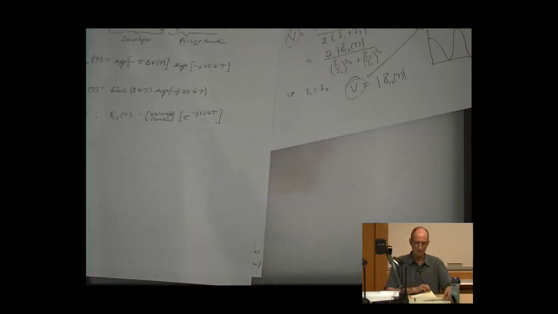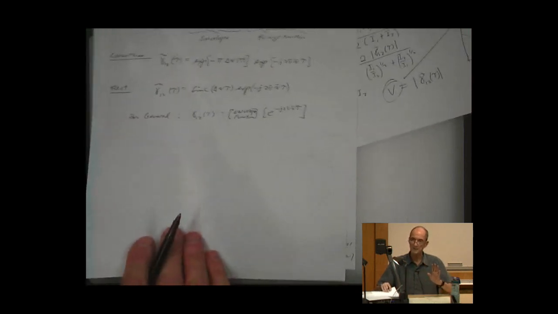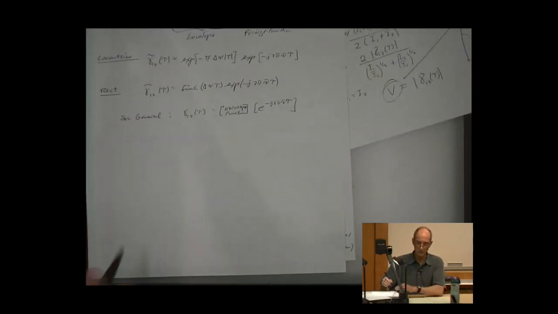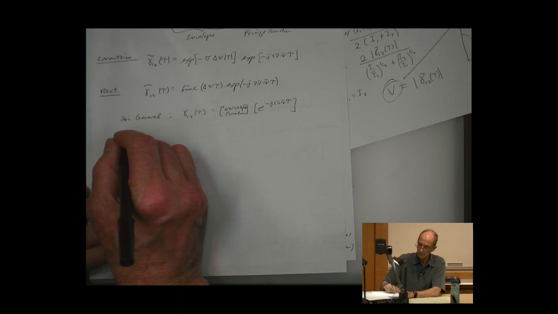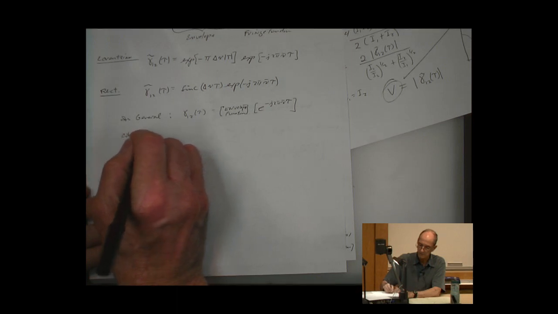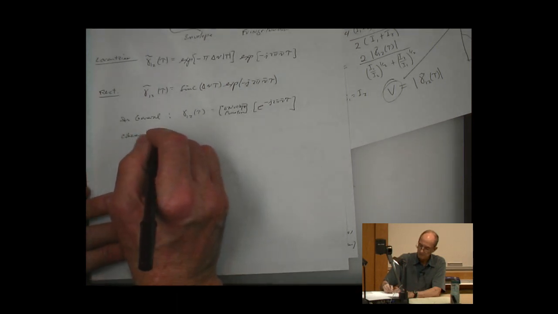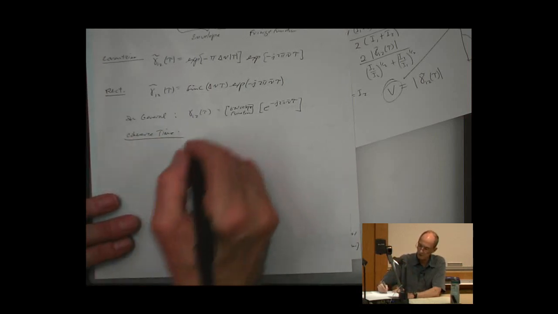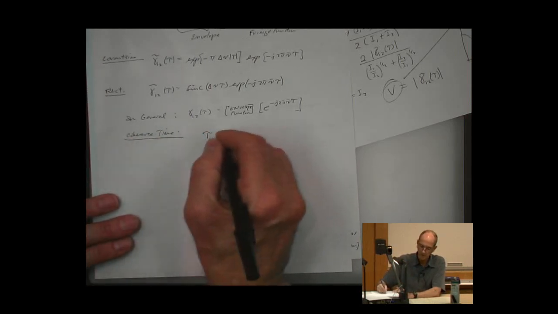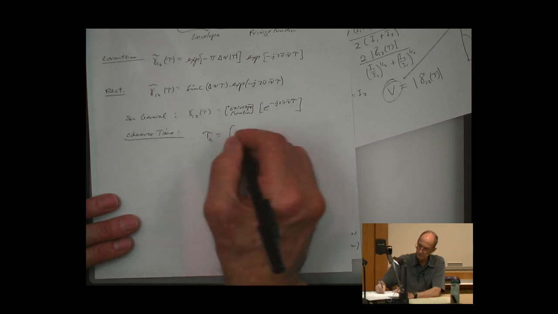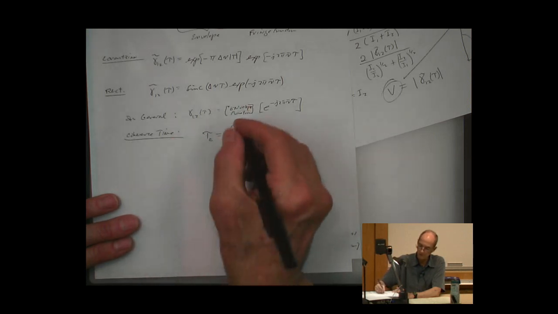Okay. All right. So the final thing that we want to get from this is the corresponding coherence time. The coherence time is equal to the integral of this complex degree of coherence function.